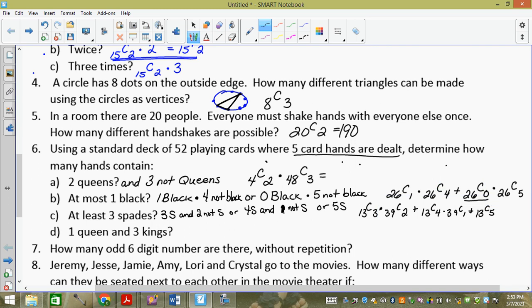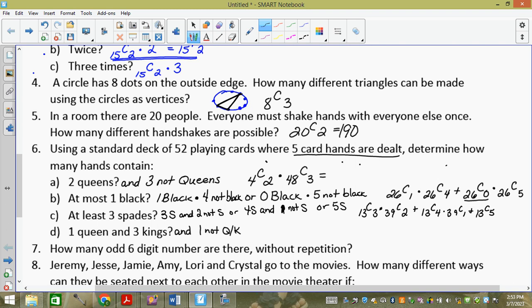This one says 1 queen and 3 kings. What's the problem with this one? There's only 4 cards. So the 5th card has to be what? Not a queen or king. Yeah. So 1 queen, 3 kings, and 1 not queen or king.